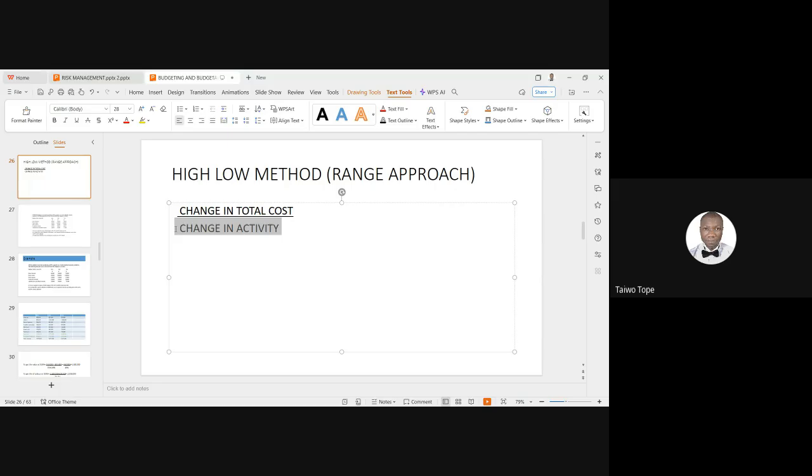If you get your value at 100%, it will be much easier to get the value at other levels of activity, at 40%, at 60%, and so on and so forth. So this concept of high-low method is a measure of change in total cost divided by change in activity level.